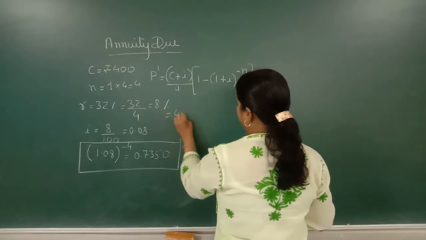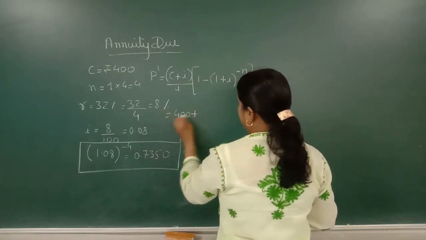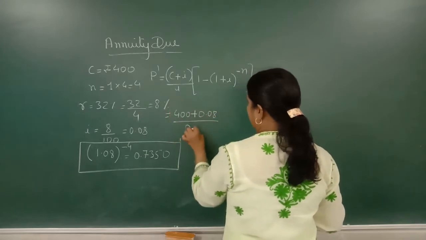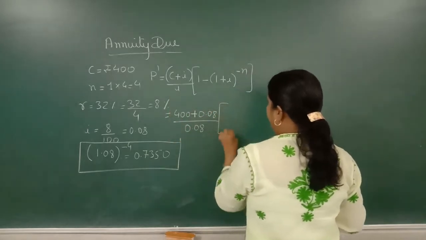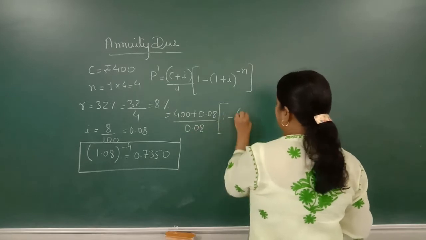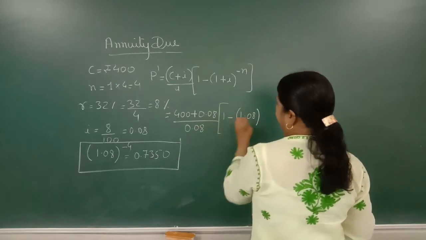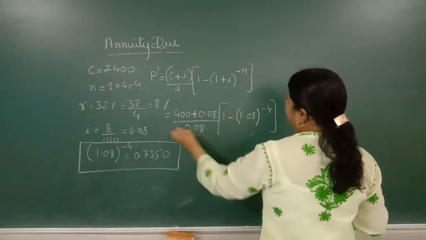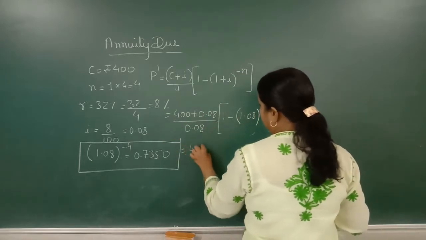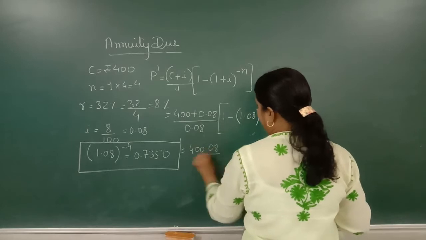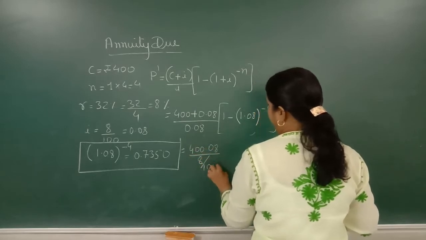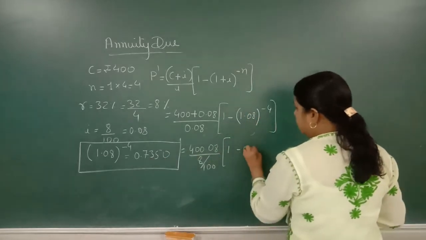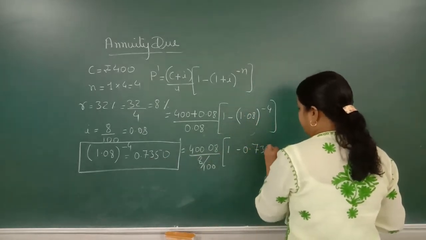C is 400 plus 0.08 upon 0.08 into bracket 1 minus this 1.08 to the power n, n is 4, but it is minus 4. Solve this. 400 plus 0.08 upon 8 upon 100 into bracket 1 minus the value given to be 0.7350.